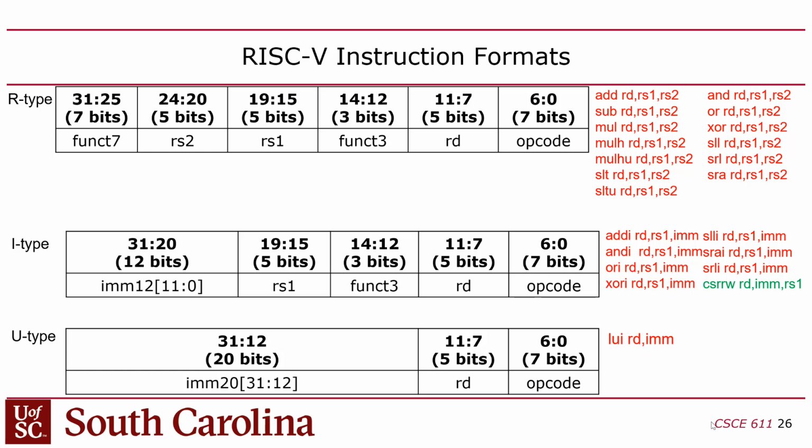It's funny you mentioned the opcode being the same, because there's 7 bits, right? So if a lot of the opcodes are the same, it seems like you're wasting a lot of bits. You've got 128 possible combinations here. But I think the reason is that there's a 16-bit version of the RISC-V instruction set, and the opcode might be so big to accommodate it, which we don't use in this class.